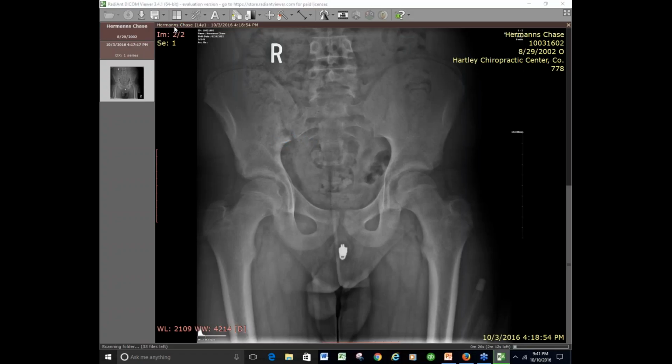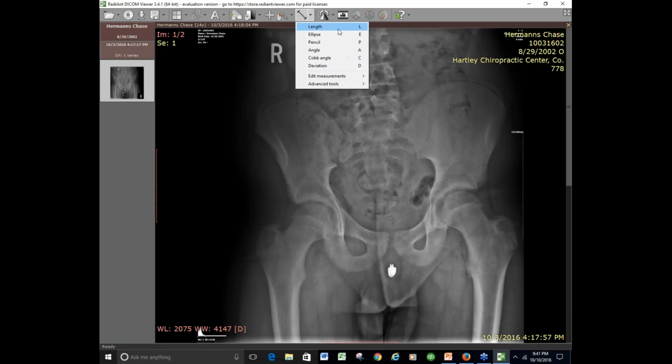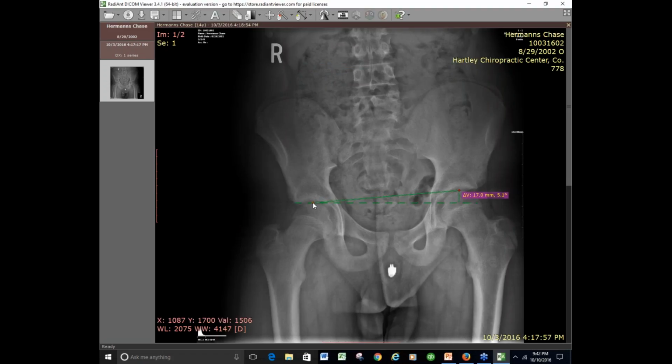So this is a young man I'm currently treating. There are two images here. Let's take a quick look at how big of a leg length inequality he has, right? He's, I think, 13 right now.